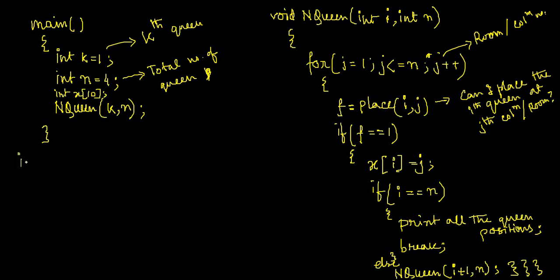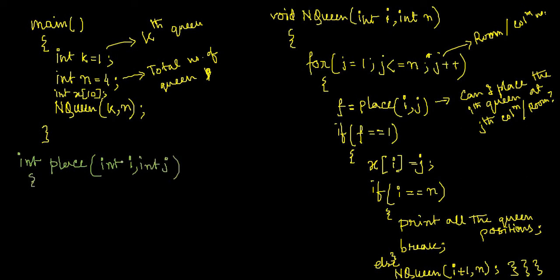So obviously it will be int place. And I want to keep the parameter variable names the same so that you can relate them with the part where it is being called. So I will keep the same names over here, int i comma j.